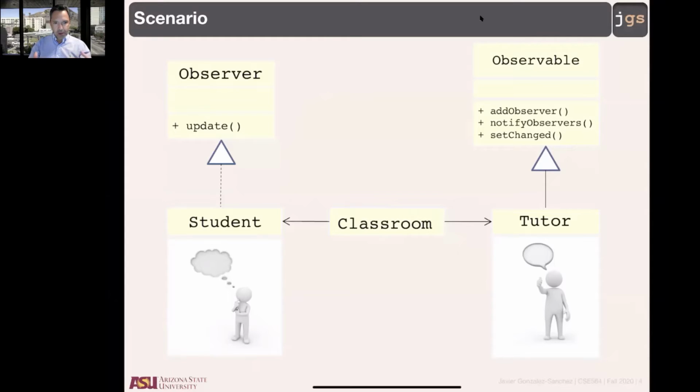Can we go and talk about something observing something, meaning some class has information that another class needs? Just like in the example that we reviewed, the pattern name gives you the class diagram.